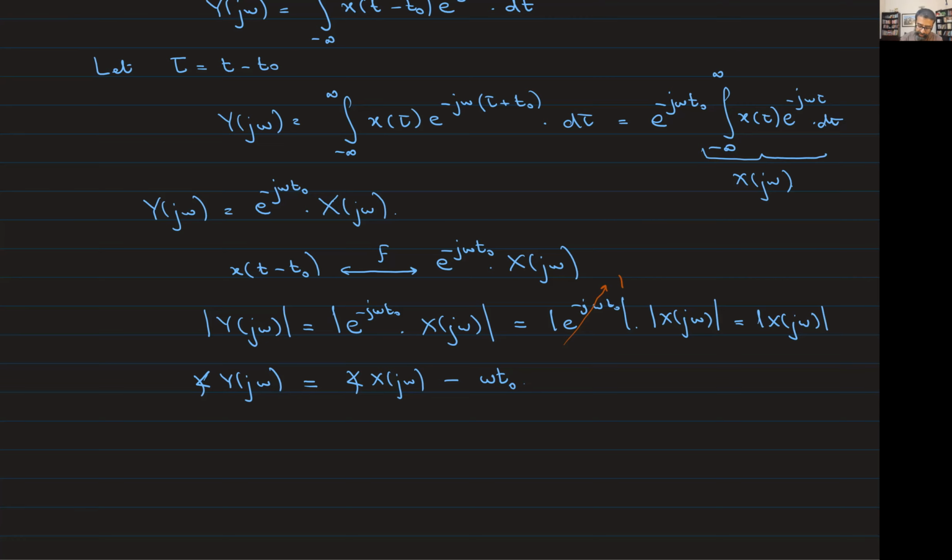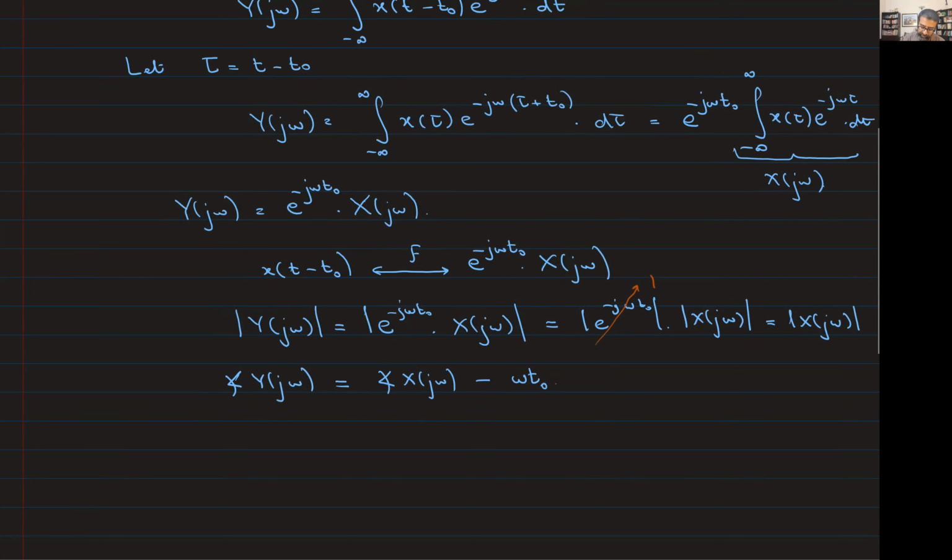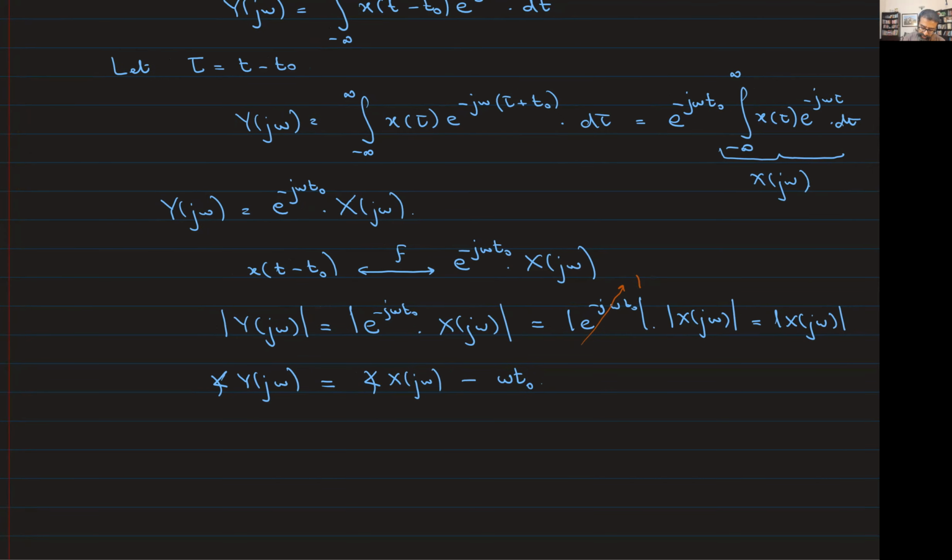Now, in order to understand this a little bit more, I'll leave this as an exercise. What if you had x of t equal to cosine 2 pi t plus sine 4 pi t, and let's take 3 sinusoids, and cosine 6 pi t, right?